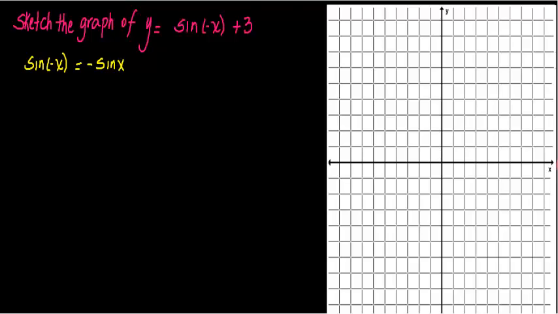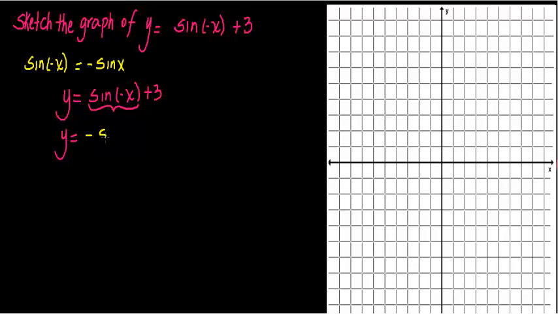So when I write my function here, y is equal to sine of negative x plus 3. I know there's a vertical shift. This plus 3 tells me I have to move my function up 3 units. I will rewrite this, and instead of writing sine of negative x, I'm going to write what this is.